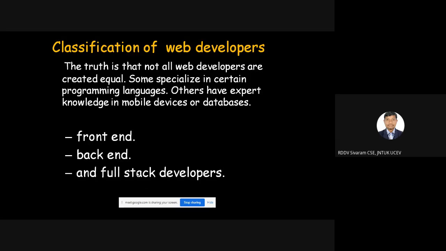There are developers who deal with the front end only, and developers who deal with the back end, that means who exclusively code the back end only. And in recent times, there are developers who can code both front end as well as back end. These are the three different kinds of web developers we have.